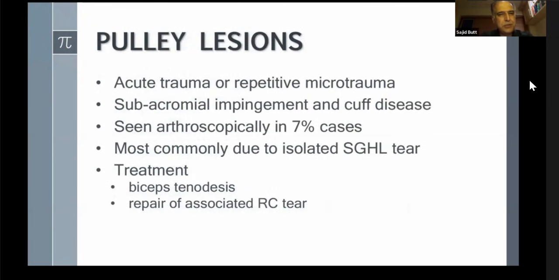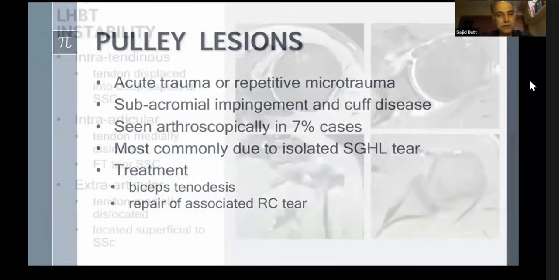This happens in patients with repetitive microtrauma or an acute trauma, in patients with other features of subacromial impingement and rotator cuff disease, most commonly isolated injuries of the superior glenohumeral ligament. So treatment, as I told you, is biceps tenodesis and repair of the associated rotator cuff tears.